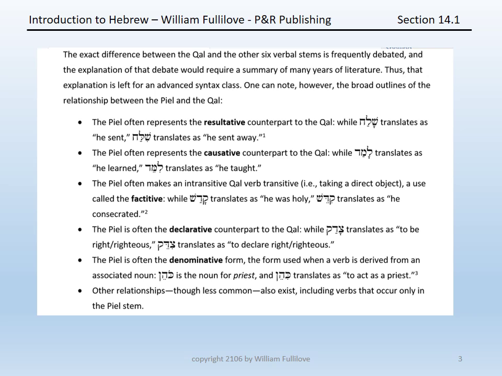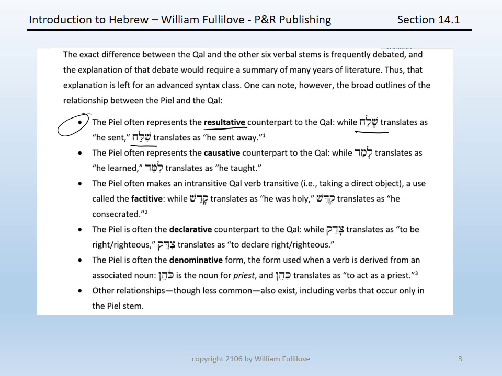So while the Qal exists as a basic stem, first, the Piel often represents a resultative counterpart. In that sense, you might think that shalach would translate as he sent, the gloss you're used to. Shilach, the Piel, would translate as he sent away.